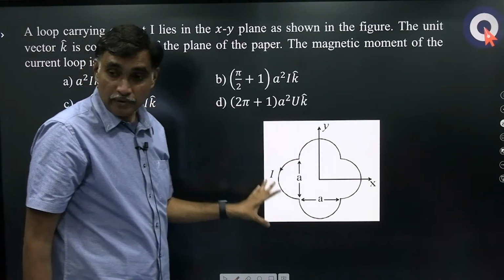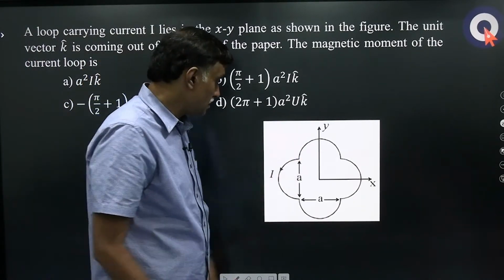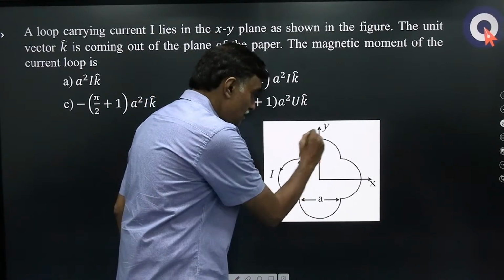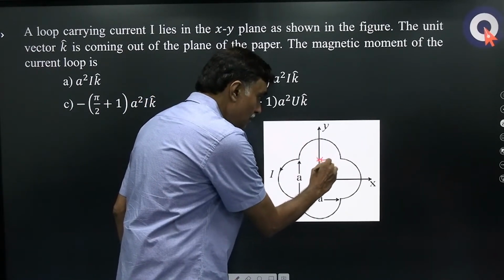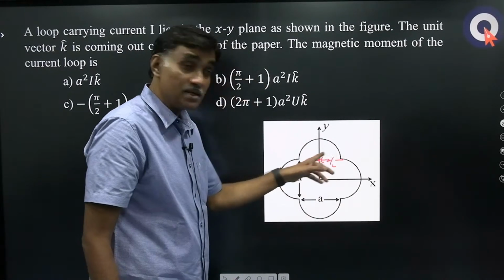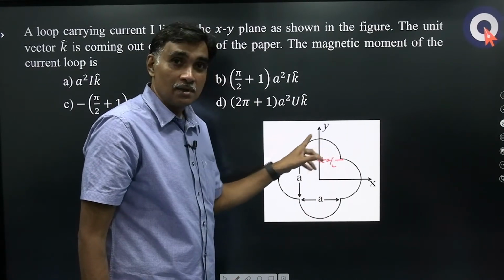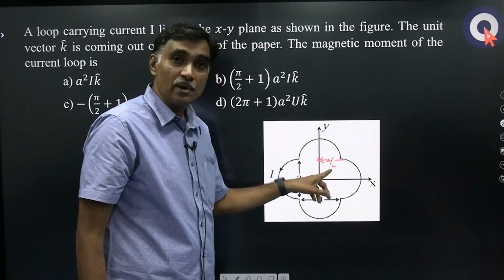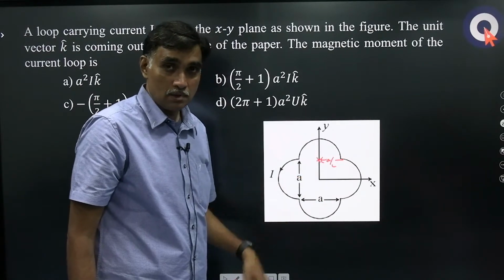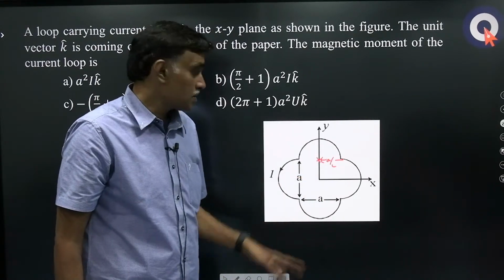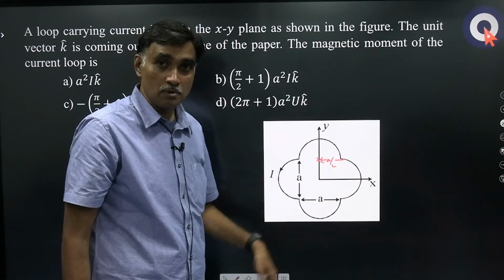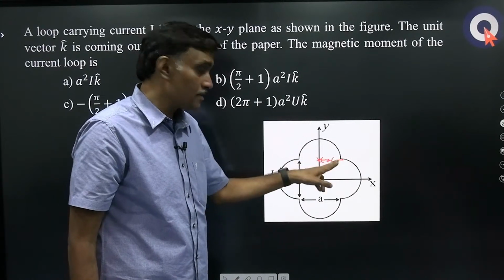Then area I should find. What is area of this part? This is a semicircle, and what is radius? Diameter is a, so radius is a by 2. So what is area of this? Area is pi r square by 2. So pi a by 2 whole square by 2 is pi a square by 8 for this.